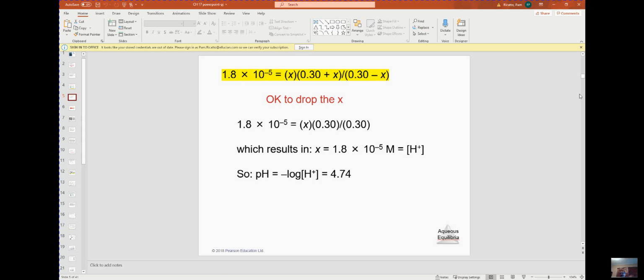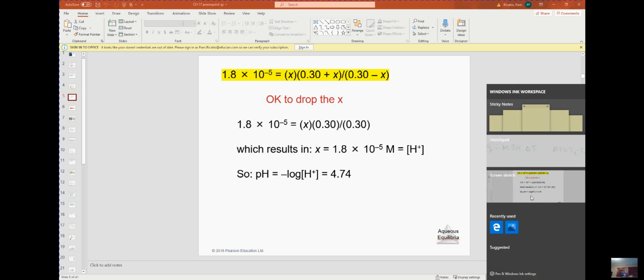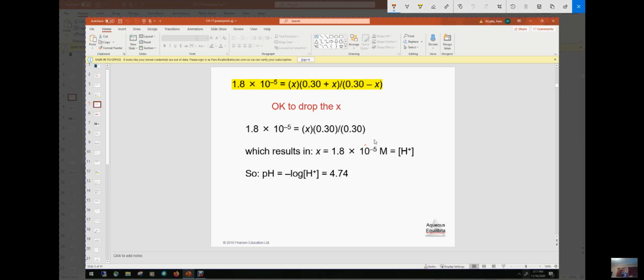Let me just put that up just for a second. Right? Let me show you. It's always nice at the end to go back and look at what X turned out to be and see if your assumption to drop the X was okay. Right, once we're done, here's what we get for X. So is it okay to drop 1.8 times 10 to the minus 5 from 0.3? And here as well, right?